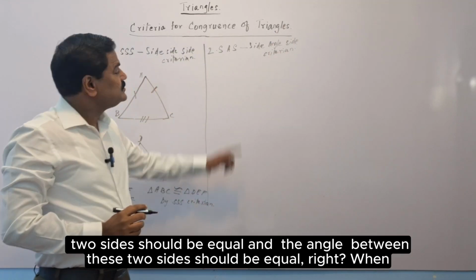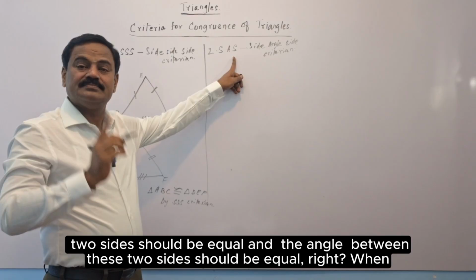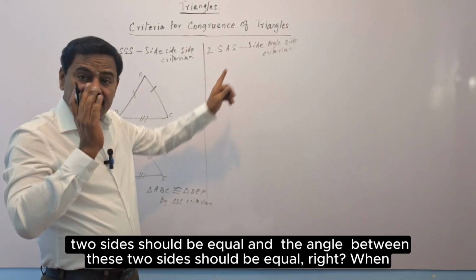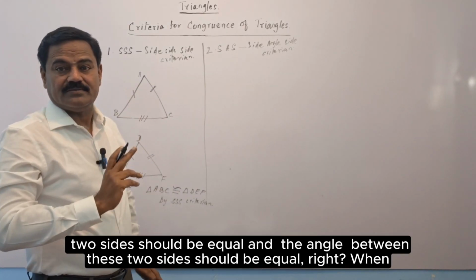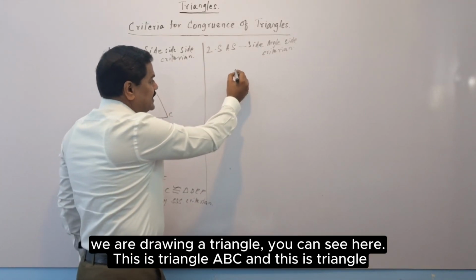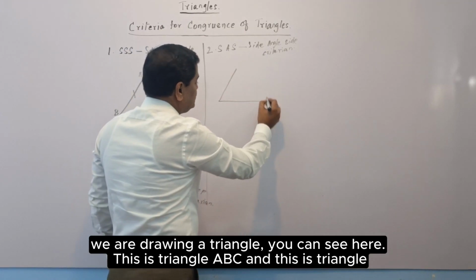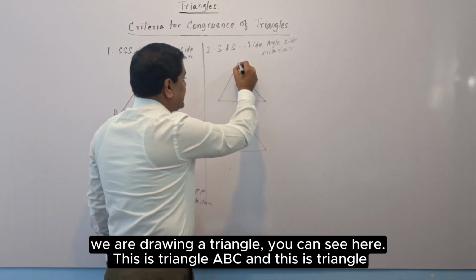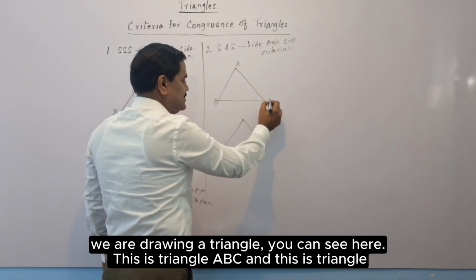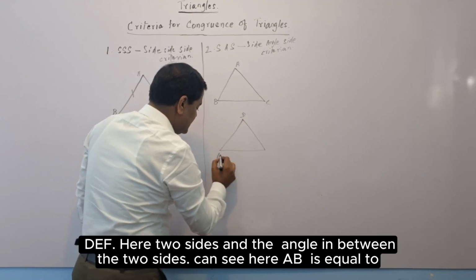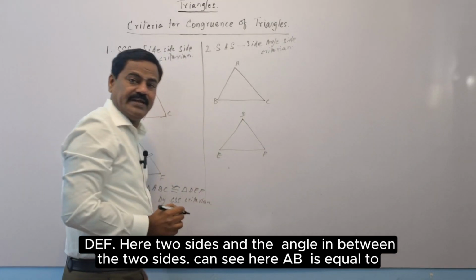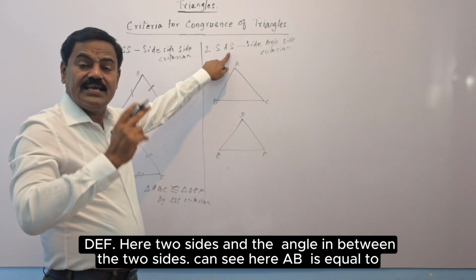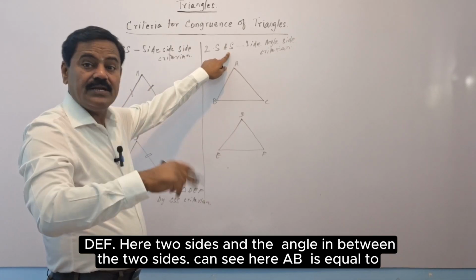Here two sides should be equal and the angle between these two sides should be equal. When we draw a triangle, this is triangle ABC and this is triangle DEF. Here, two sides and the angle in between the two sides.